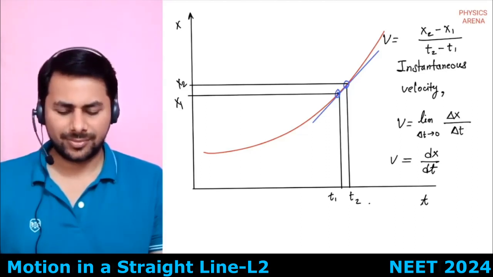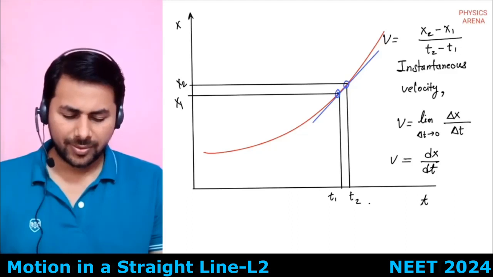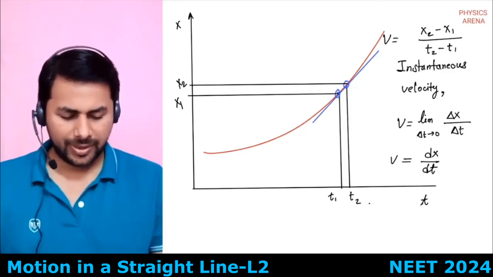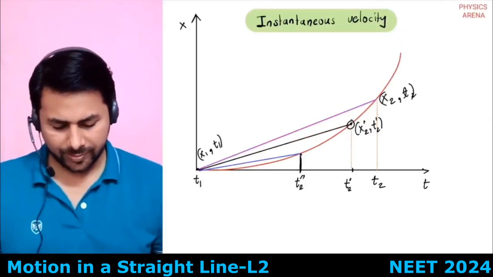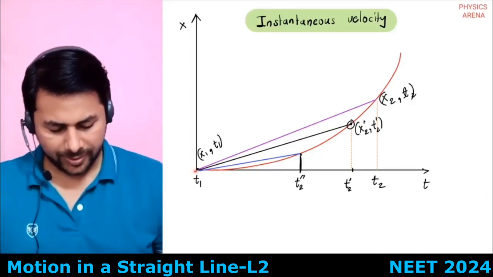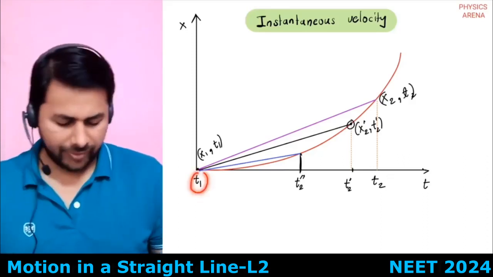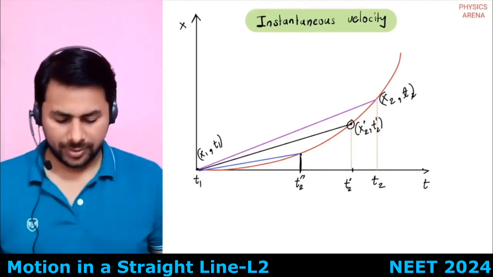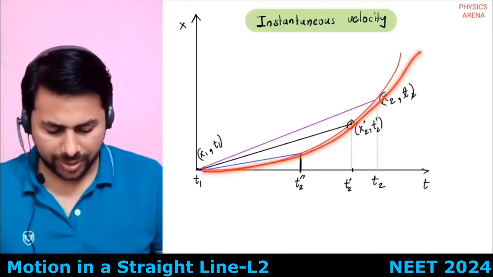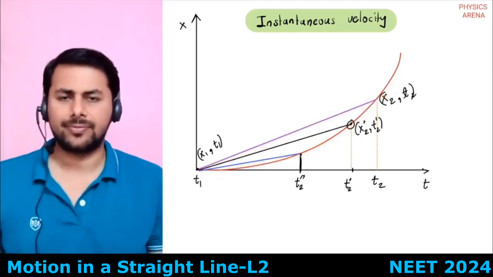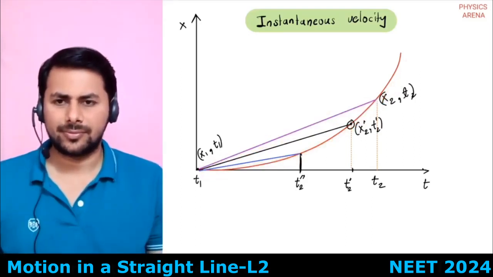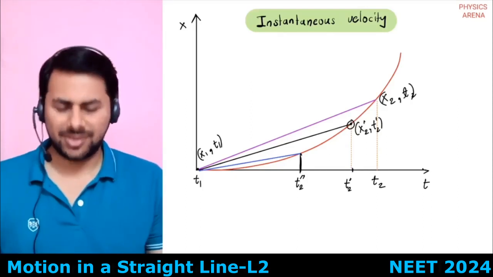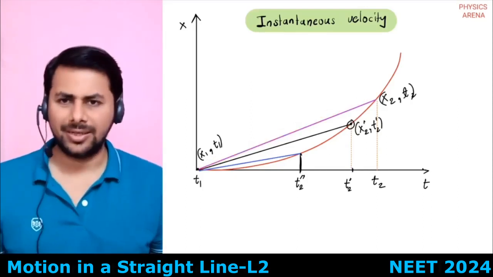Slope of xt graph. Okay, see, when I find the velocity from t1 to t2, is it slope of this graph or is it slope of this line? It's slope of this line, right?